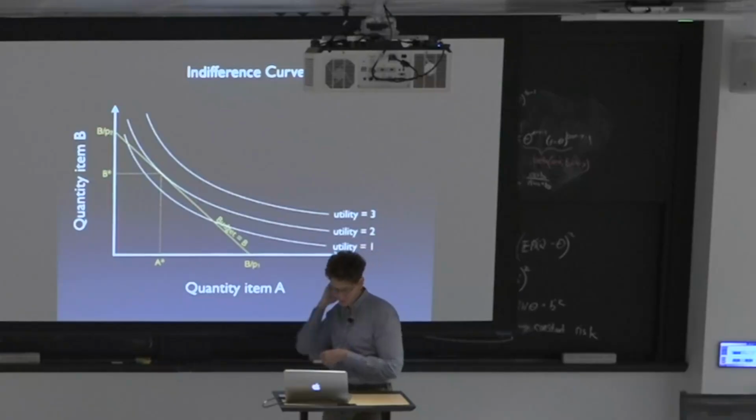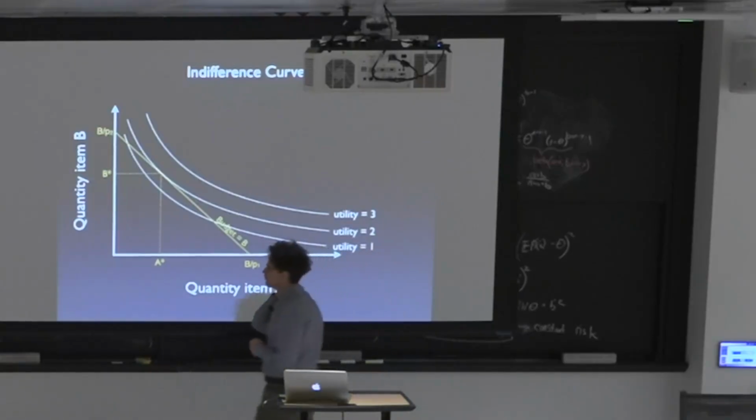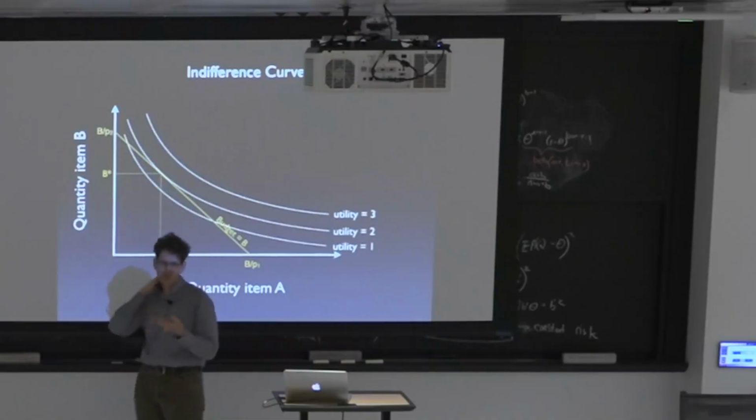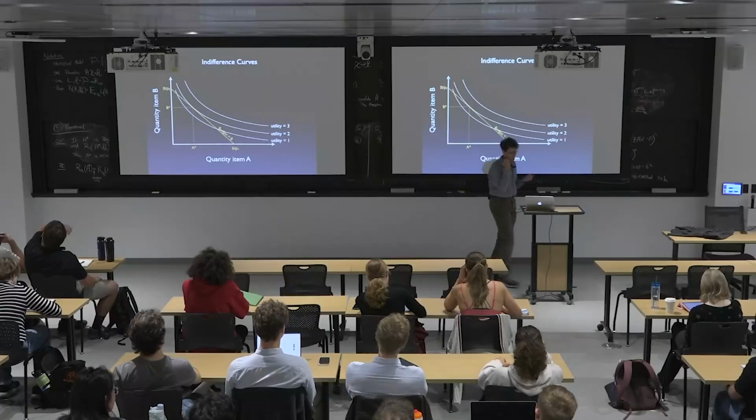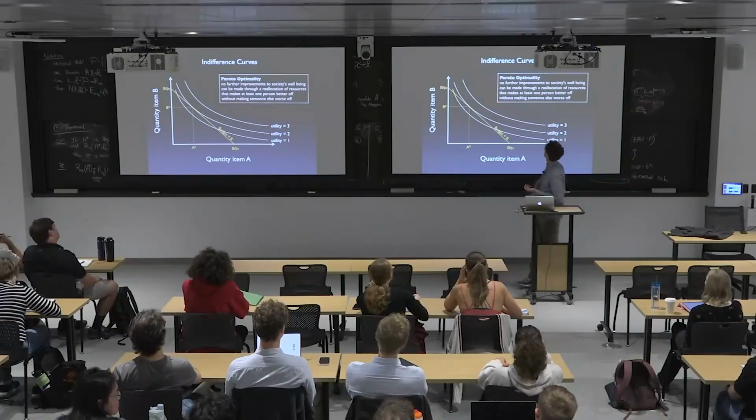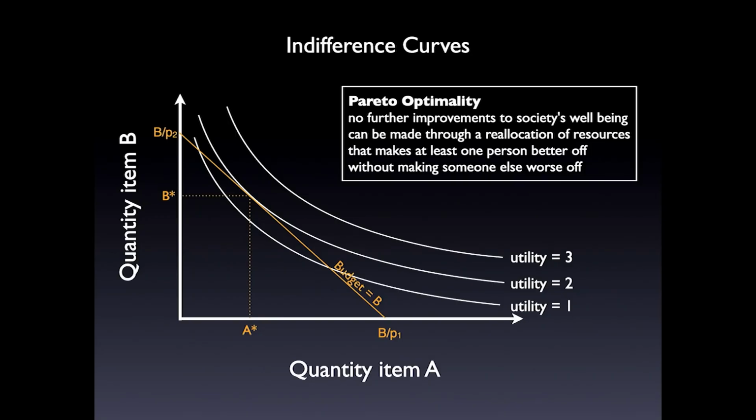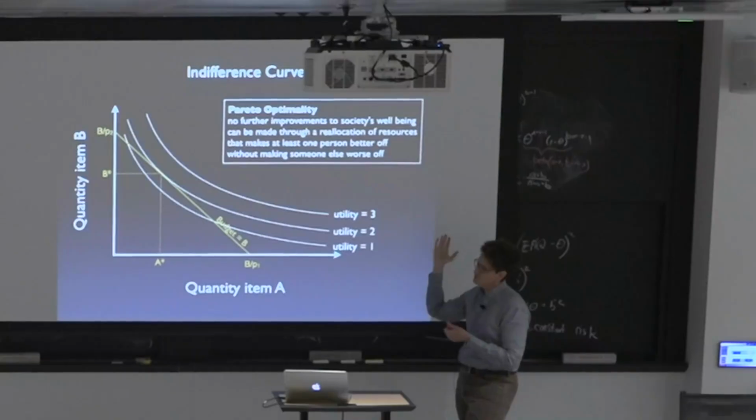And if we do that vigorously, we will reach a condition that economists call Pareto optimality. Do I have a little box for Pareto optimality? I might have a box. There it is. So Pareto optimality is a condition in which no further improvements to society's well-being can be made through the reallocation of resources that makes at least one person better off without making someone else worse off.